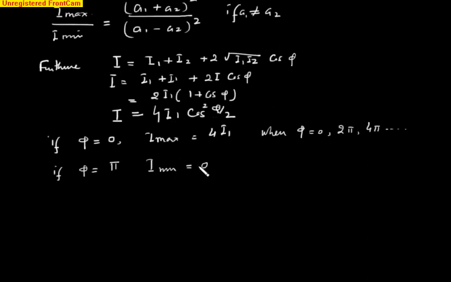So I minimum will be 0, and it will happen when phi is equal to pi or 3 pi, or you can say 5 pi, and so on, odd multiples of pi.